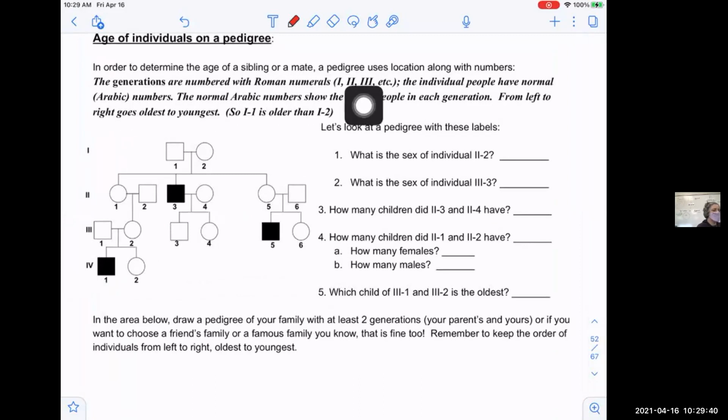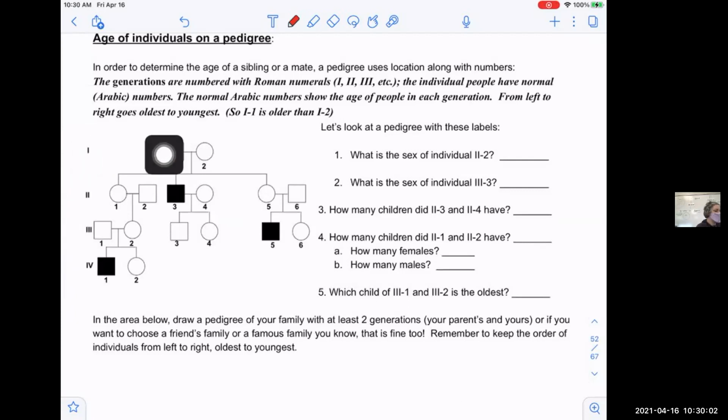Hopefully at some point in your education, you learned what a Roman numeral is. It looks like an I, and then 2 I's is 2, and 3 I's, and then you start adding a V, and V is 5. If you have a 1 in front of the V, it's 4. Anyway, the generations go on the left side here. You just write them once.